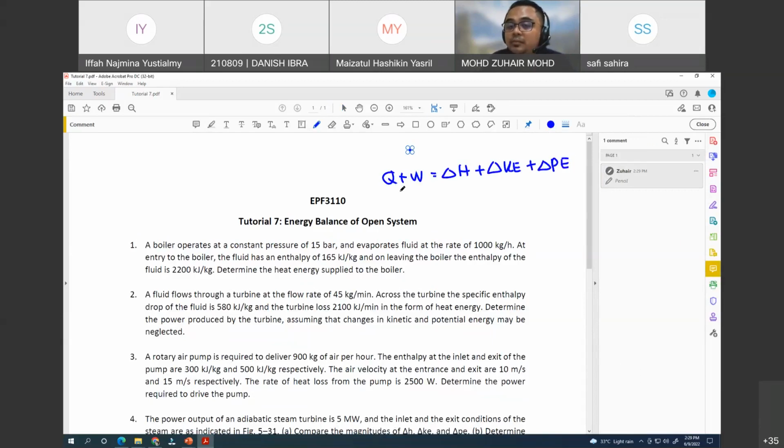For the closed system, when we talk about closed system, there's no movement of the mass. When there's no movement of the mass, normally the kinetic energy and the potential energy will be considered zero.